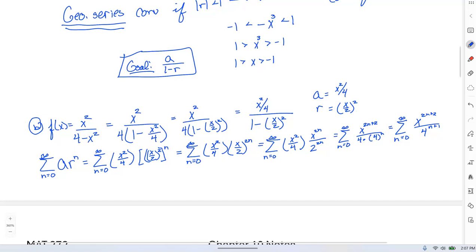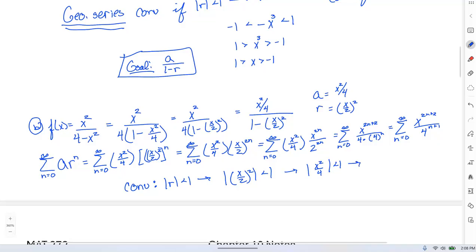Now let's talk about where this is going to converge. Since it's geometric and we have that r value, it's going to converge anywhere the absolute value of r is less than 1. So we need the absolute value of x over 2 quantity squared to be less than 1. And we're going to solve this inequality. So that means the absolute value of x squared over 4 is going to be less than 1.